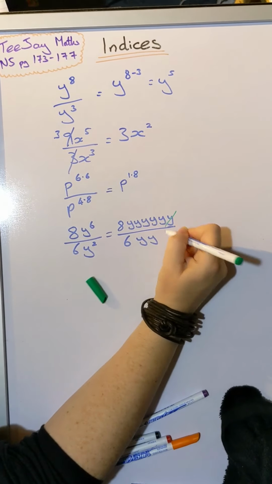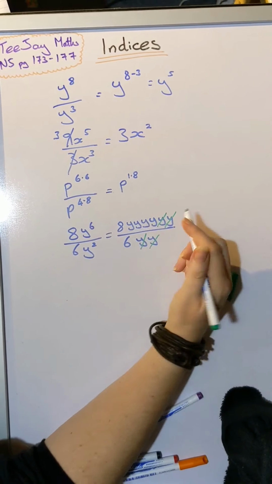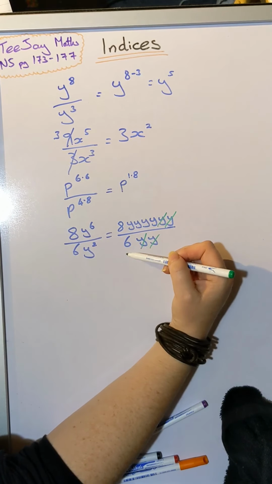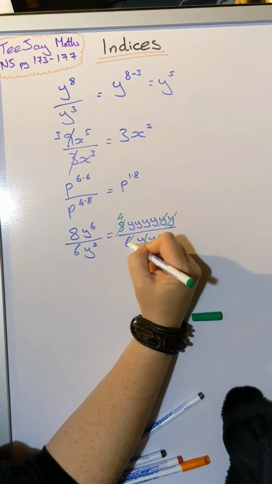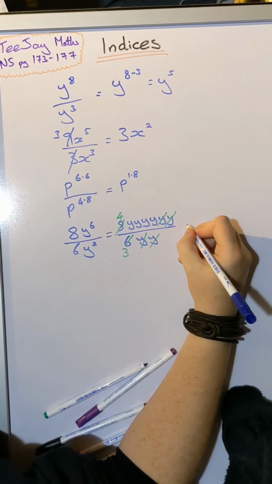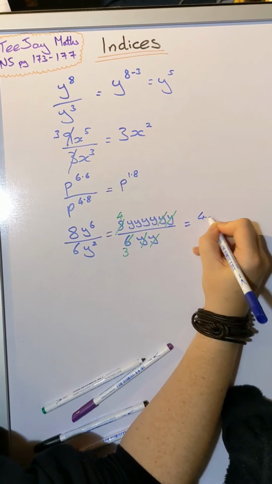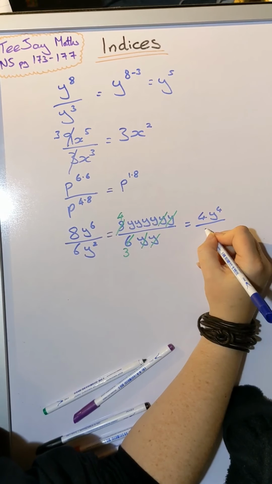So we would have y's top and bottom, and we've got 8 and 6 are both even numbers, so they can cancel down to 4 and 3, giving us a final answer of 4y to the 4 over 3.